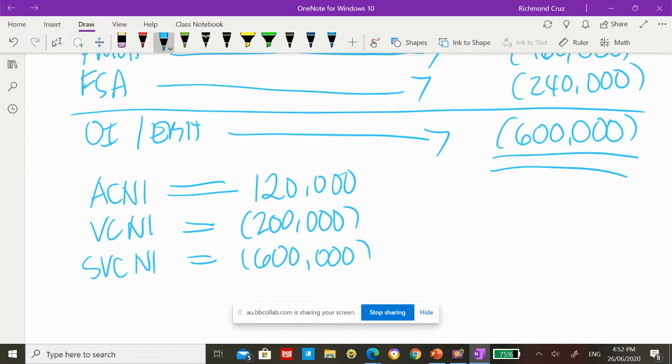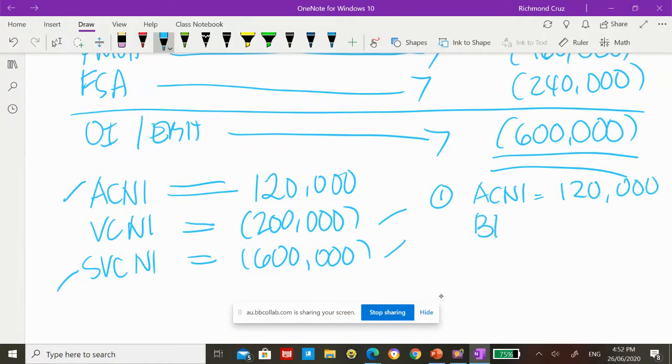So let's try to reconcile from variable costing net income to super variable costing net income. We're done, from the previous discussion, with the reconciliation from absorption costing to regular variable costing net income. So let's start. We're going to reconcile the absorption costing net income, and this is equal to 120,000.